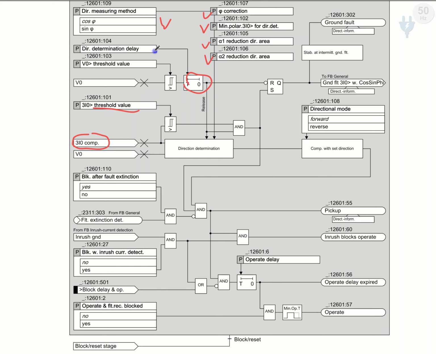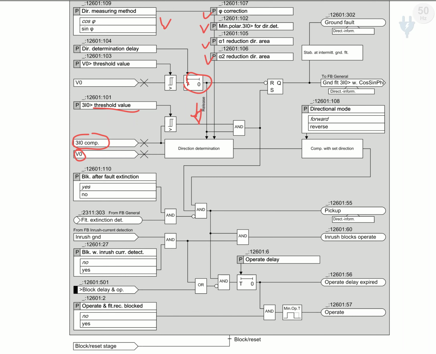So suppose the V0 passes the first block of the threshold, we said around 30 volts. It depends on our system. And the direction determination delay. Then this is a release signal. This signal is supplied to the block of direction determination. But this block of direction determination also has a V0 from here, and 3I0 compensated. This is the compensated value of the zero sequence current.